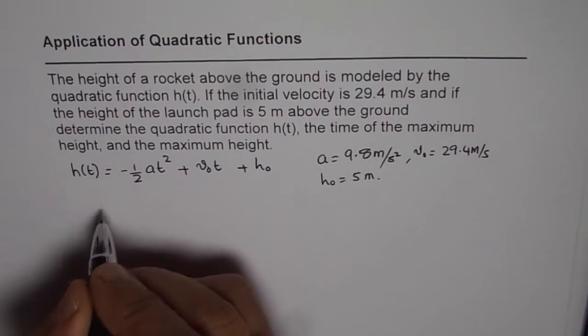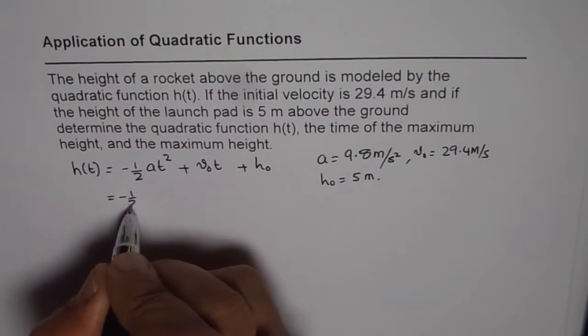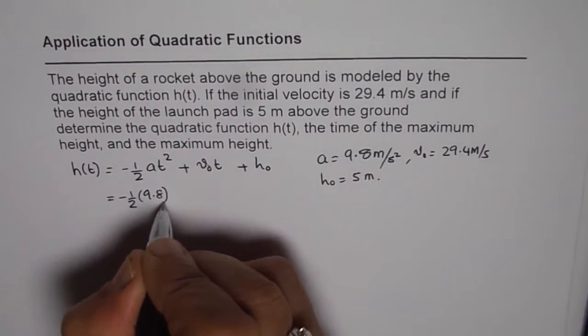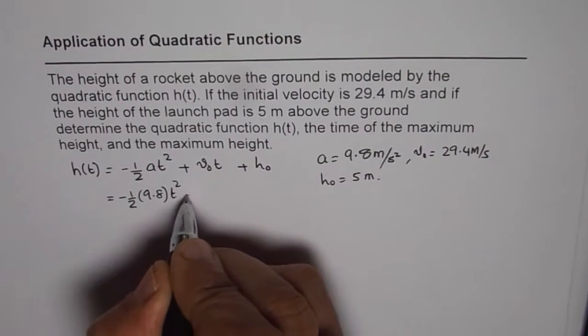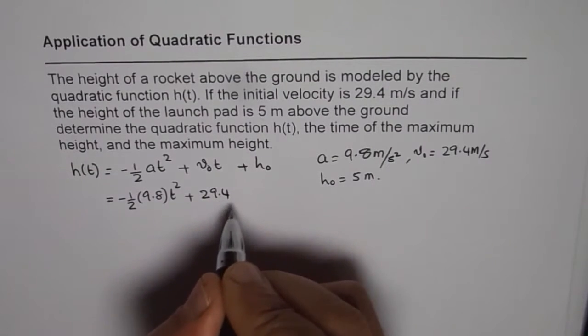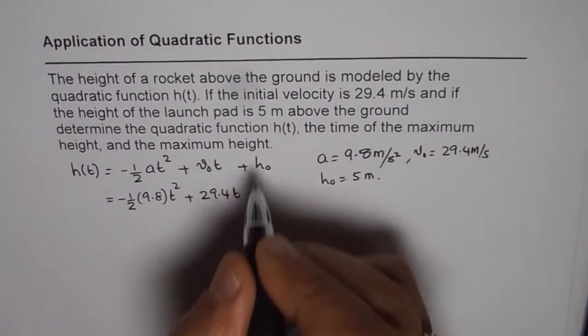Let's substitute these values. So we get minus half of 9.8 t squared plus 29.4 t plus 5.